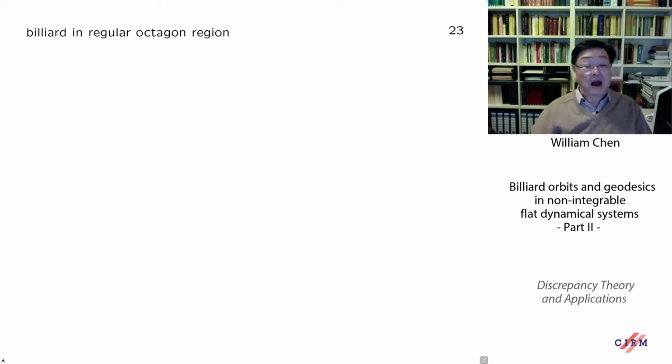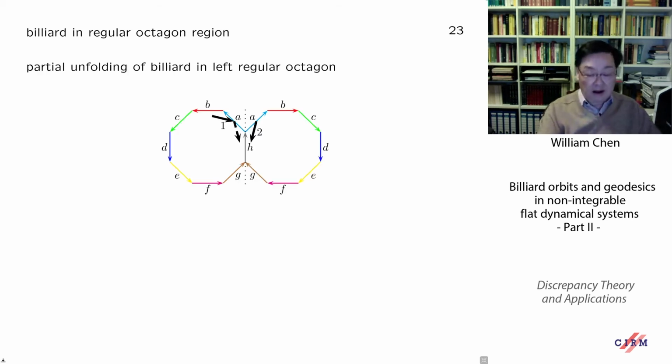Next, how about playing billiard in the regular octagon region? Well, let's have a first look. Do a little bit of partial unfolding to see what happens. Start with the left regular octagon, and then we can construct the one on the right by a mirror image.